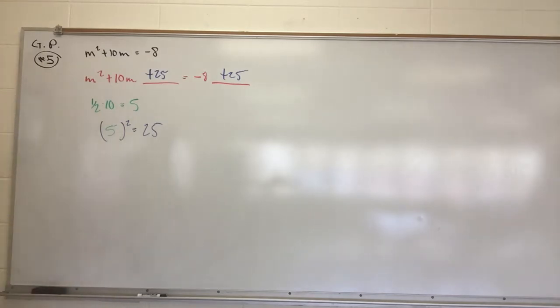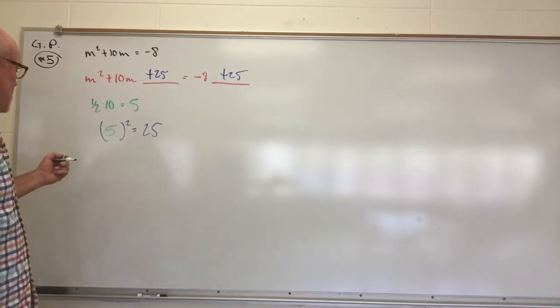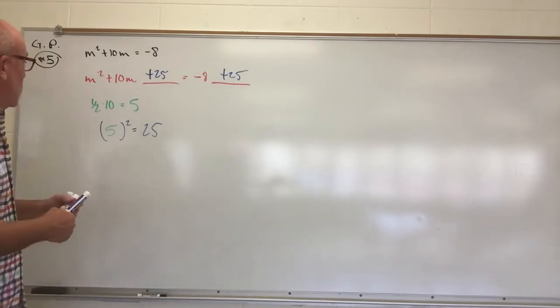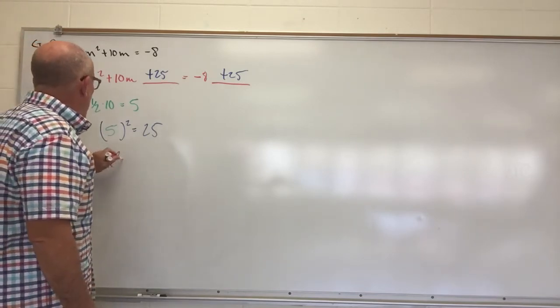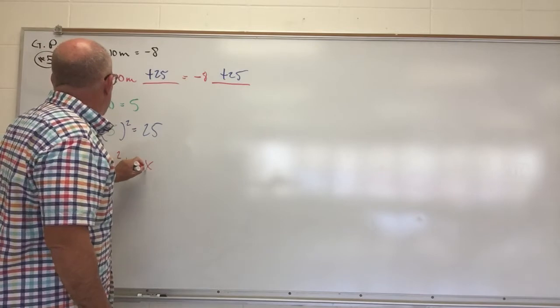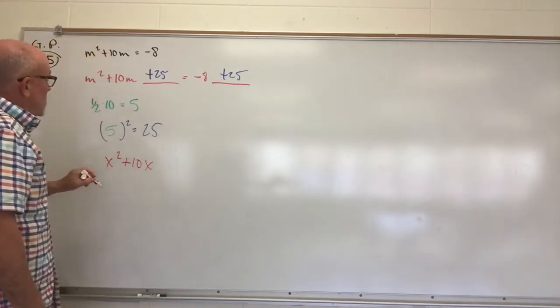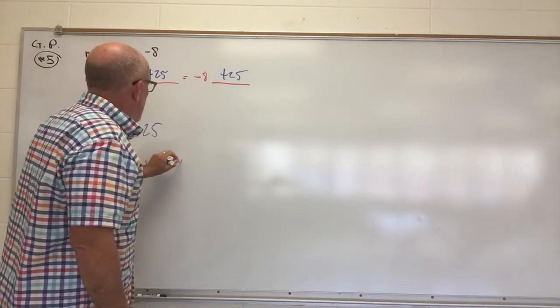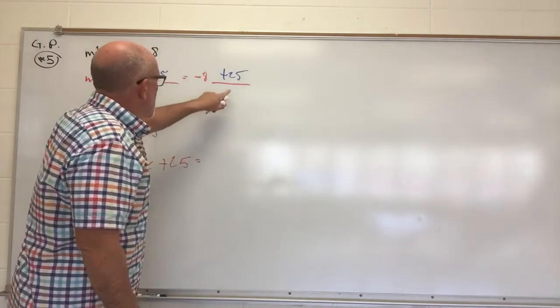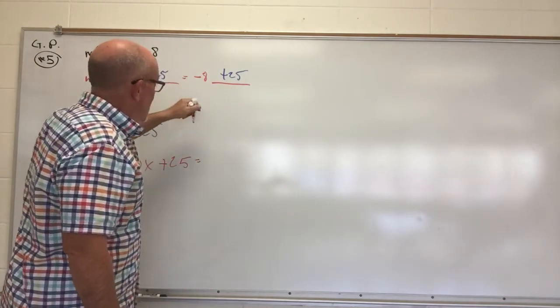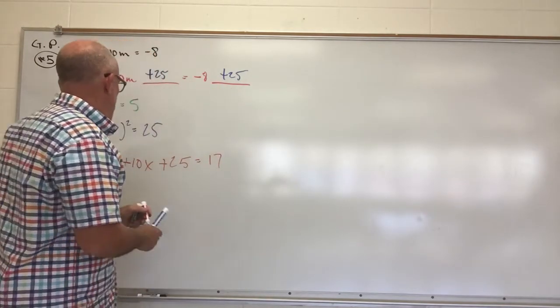Step number 4 says factor the left-hand side. So I'm back to x squared plus, changing from m's to x's, but that's going to work. 25 minus 8 should result in 17.